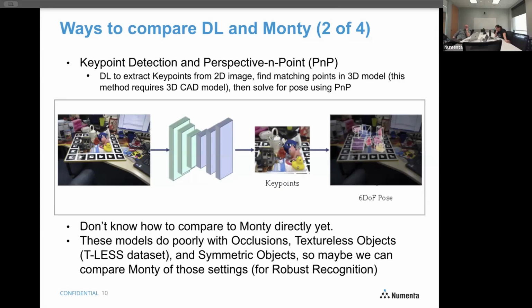And symmetric objects. So for this, one way is that we can maybe just use this as is, but in settings where we have these occlusions or textureless objects, show robust recognition compared to existing key point detection methods.